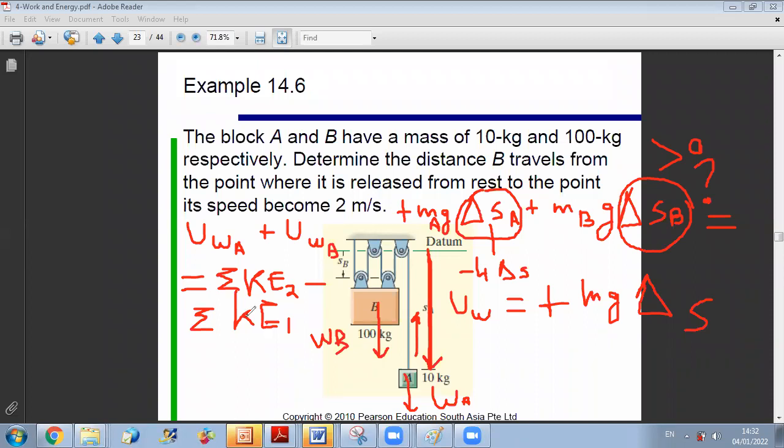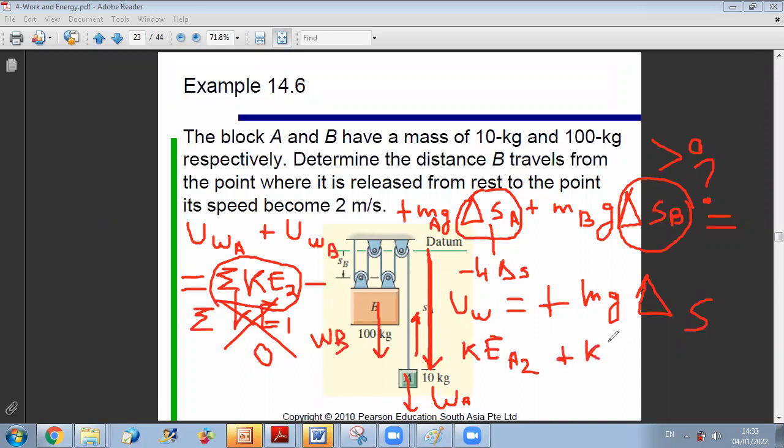Your system is starting from rest, so the summation of kinetic energies at state 1 is 0. The only term to account for is the sum of kinetic energies at state 2, which is the kinetic energy of A at state 2 plus the kinetic energy of B at state 2.